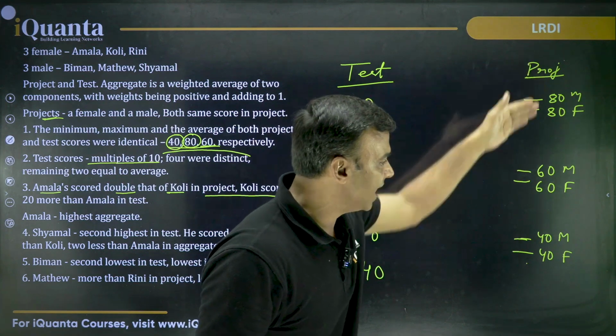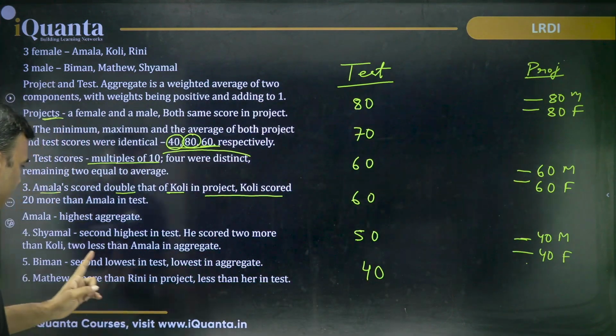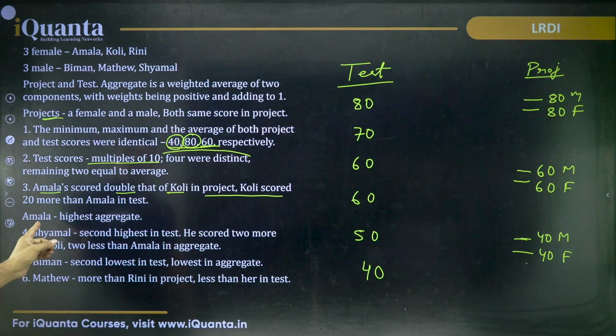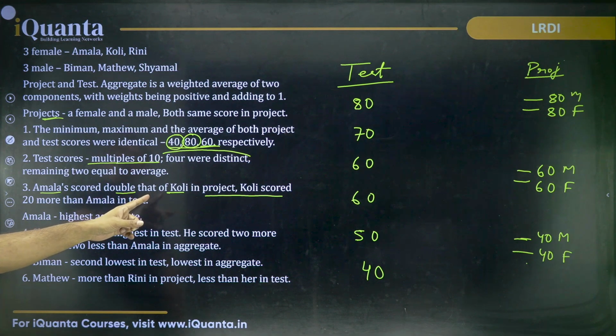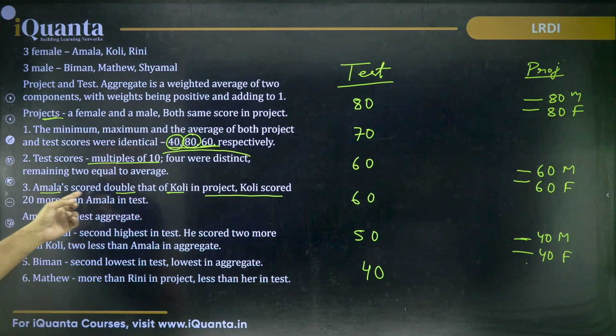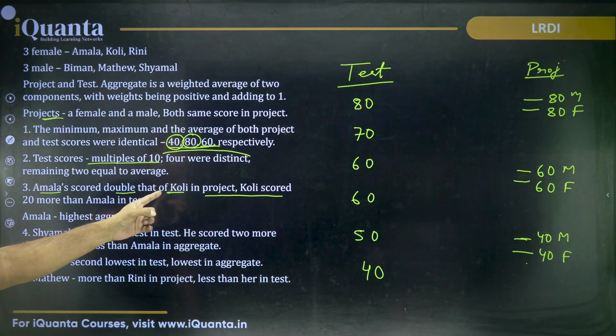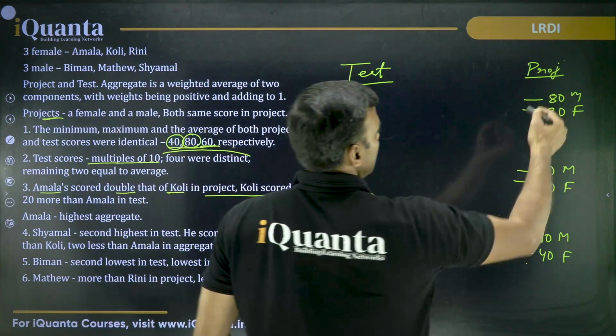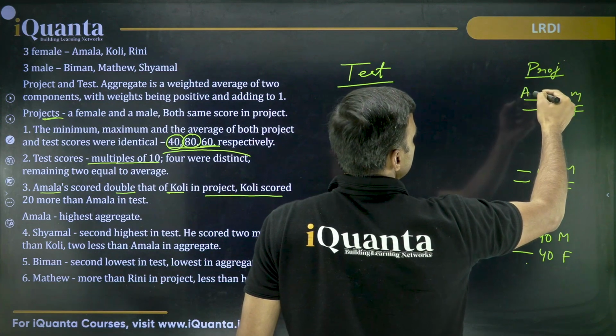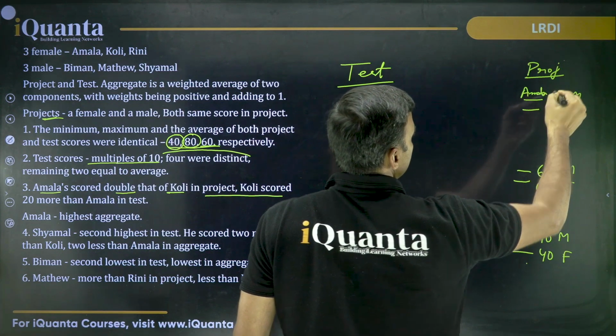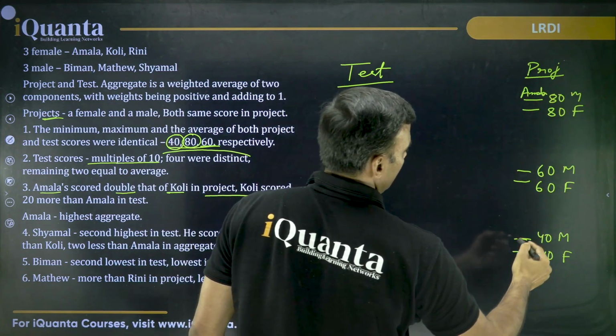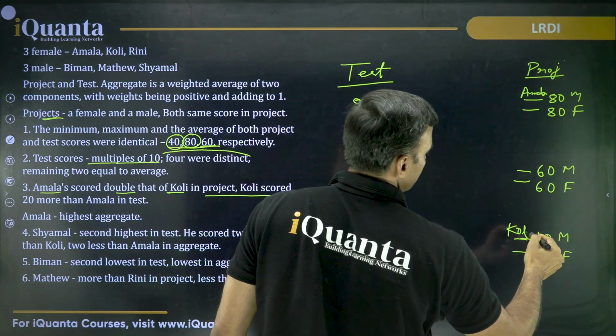It has to be 80 and 40. So just we have clarified, Amla is a girl, female, and Kohli is also a female. Nice, that's good. So Amla, double of Kohli, that means Amla has to be 80, right? And Kohli has to be 40. That is very, very clear.